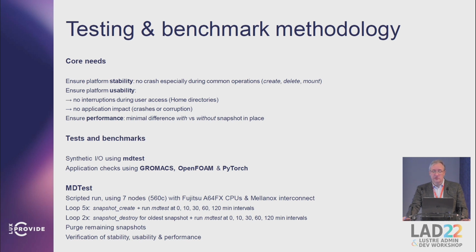After that, start destroying snapshots and creating new snapshots, as you would probably do in real life, because you would not endlessly be creating snapshots, obviously. So the older snapshot would be deleted, and then we again run the MD-test, and that was done in 2 loops. And at the end, we purged the remaining snapshots of the system. So this is to verify the stability and usability and the performance of the snapshot functionality.